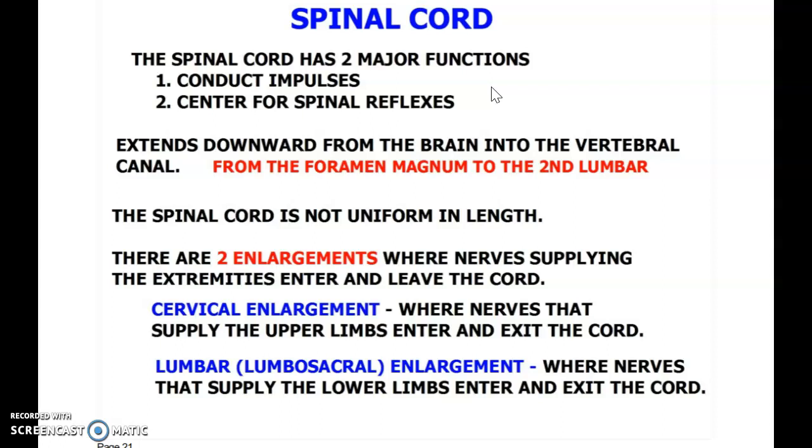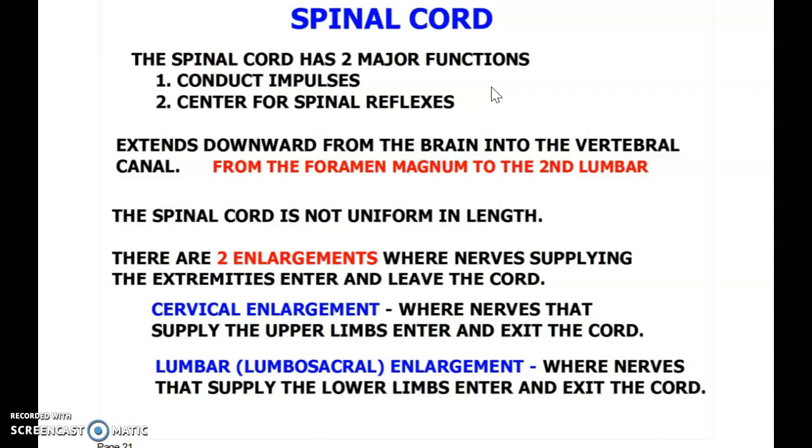It's also going to be the center for spinal reflexes. So we mentioned a reflex arc briefly. That's where it totally bypasses that, like it doesn't even go to the brain. It goes just from the hit of the knee if your legs are dangling off the side of an examination table at the office, and how you don't even have to process that. It just goes right in to the spinal cord and right back out. So we'll look at that.